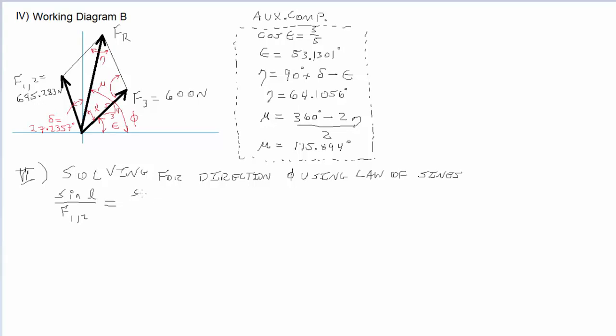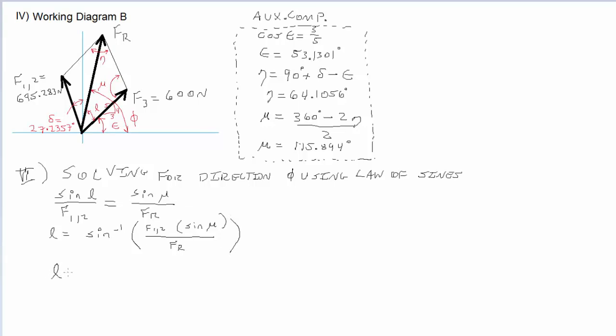That equals the sine of mu over FR. So then lambda equals the inverse sine of F1,2 times the sine of mu over FR.